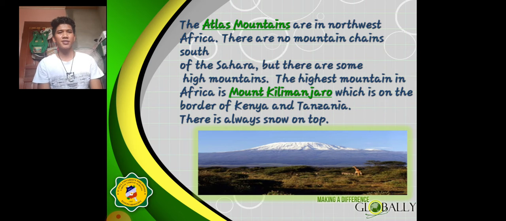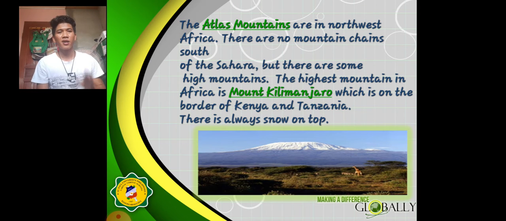The first one is the Atlas Mountains. Did you know that the Atlas Mountains are a mountain range in the Maghreb? The Atlas Mountains are in northwest Africa. There are no mountain chains south of the Sahara, but there are some high mountains.